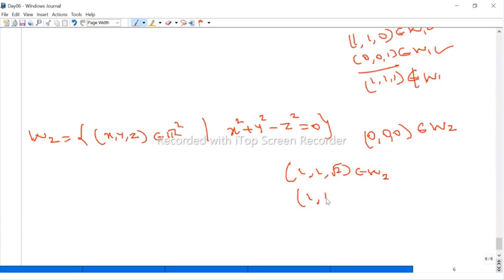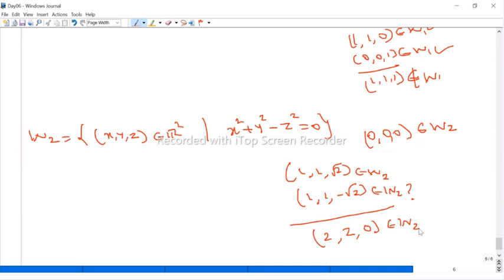Suppose I take (1, 1, minus root 2). Is this in the set W2? Because I am squaring z, it is always there. Now what is the sum of these two vectors? Term by term: 1 plus 1 is 2, 1 plus 1 is 2, and root 2 plus minus root 2 is 0.